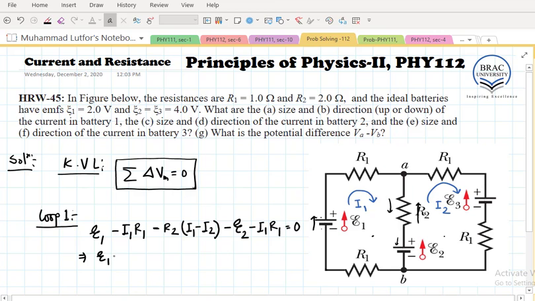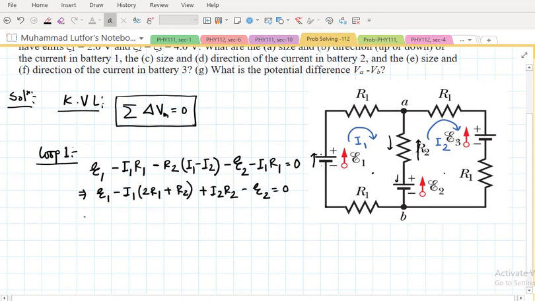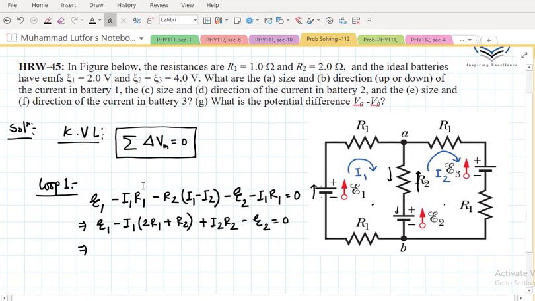It would be E1 minus I1 times (R1 plus R2) plus I2 R2 minus E2 equal to 0. Now if you plug in the values of R1 and E1, E1 is given, which is 2 volt.